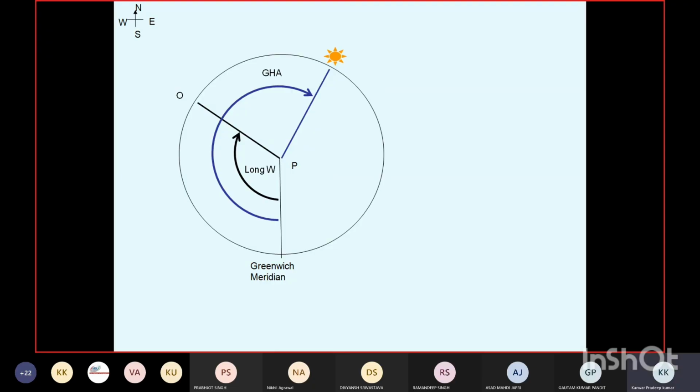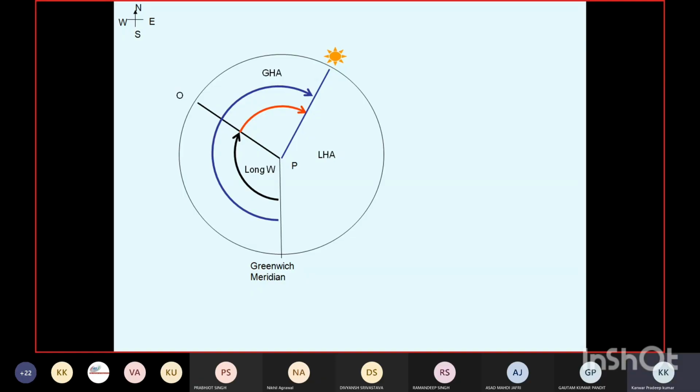GHA star, LHA star. On the board, I had made 0 down below at the Greenwich. Here, 0 is over there. So as long as you remember the definition and from where to measure, it should be okay. So you can see over here, LHA star is the red one, GHA star is the blue one, and the longitude is the black one.